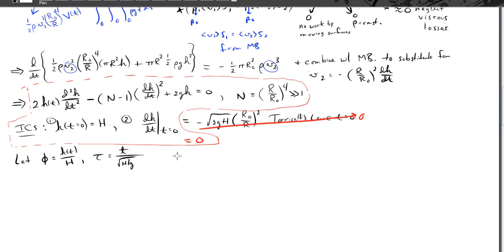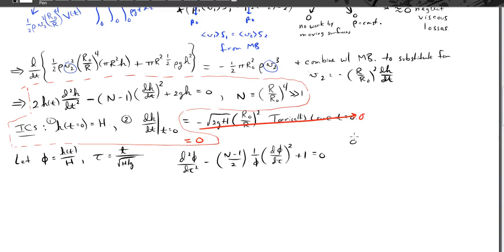And then what we find is the differential equation becomes the second derivative of phi with respect to tau squared minus (n minus 1) over 2, 1 over phi, (d phi/d tau) squared plus 1 is equal to 0.